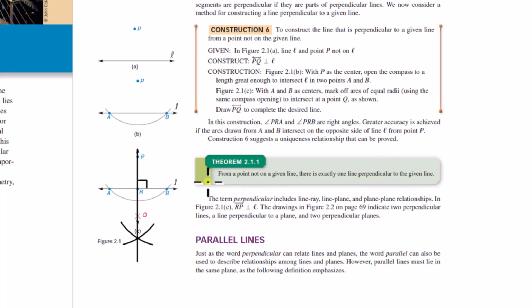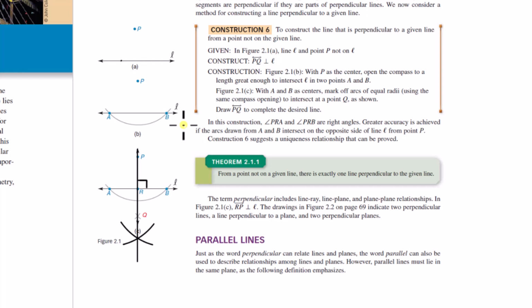This was similar to a theorem that we had read about. If you think about just one point on a line, there's only one unique line through that point that's perpendicular to the line. Here's point X on line L. We can't draw two separate lines going through point X that are perpendicular to line L. That's what they're saying.